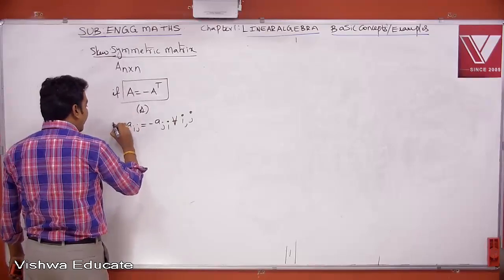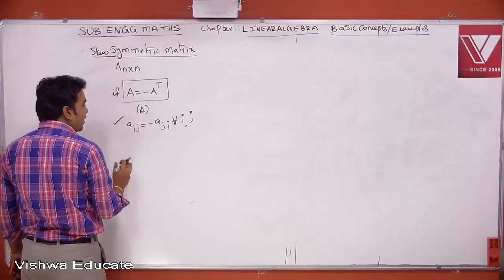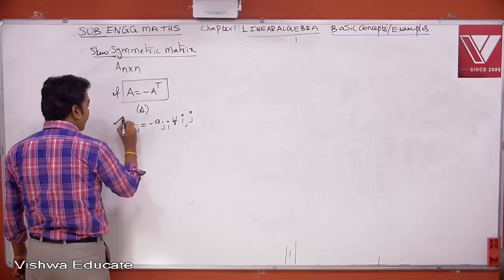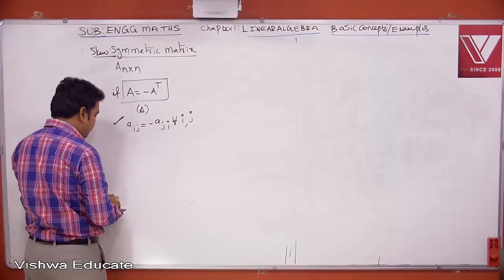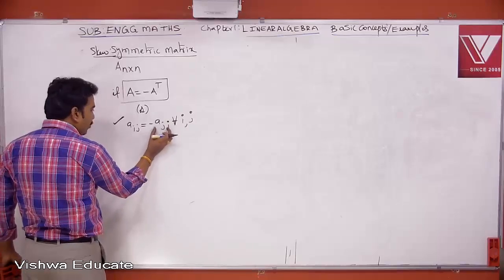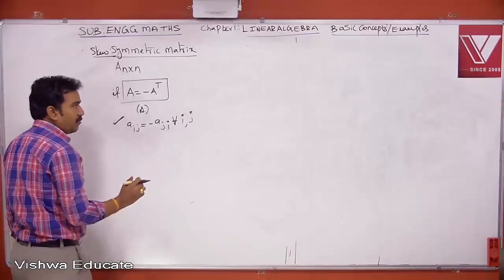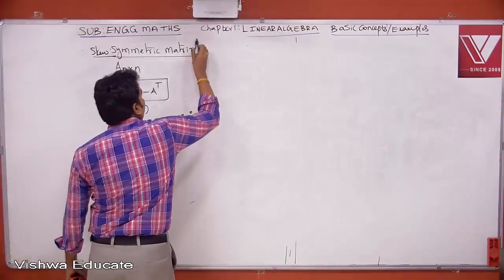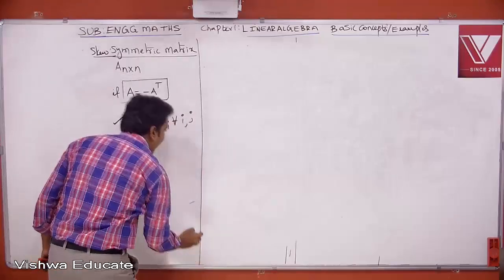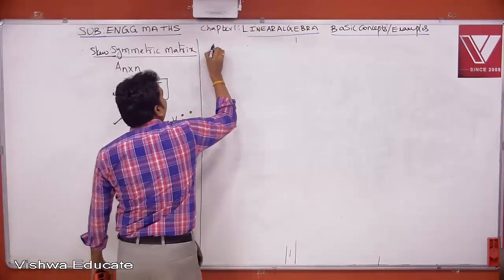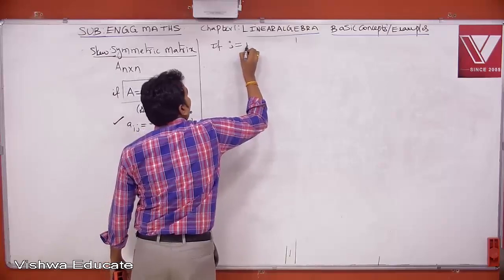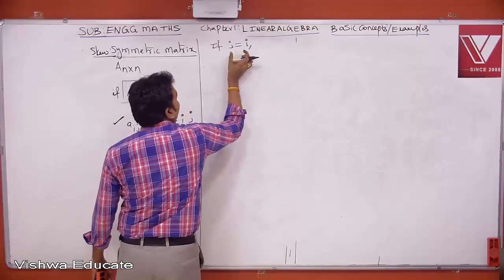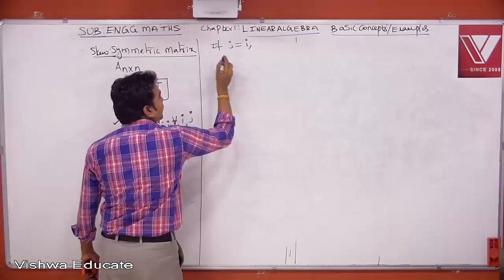Now before constructing an example of skew symmetric, let us discuss what will be the structure of diagonal elements in case of a skew symmetric matrix. Here Aij equal to minus Aji for all i comma j. So if j equal to i, that means my focus is on diagonal elements.